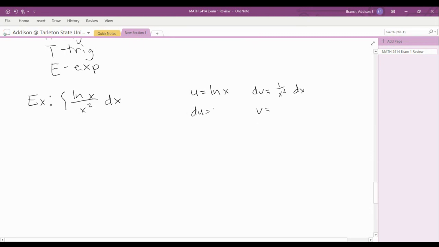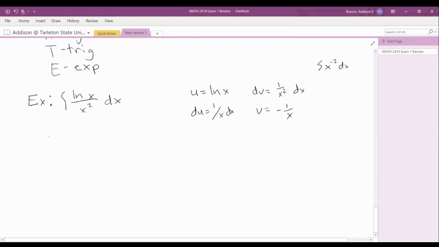So if our u is natural log of x, our du is going to be 1 over x dx. And if we integrate our dv, so that's the integration of x to the negative 2, that will get us negative 1 over x. So let's go ahead and set it up.